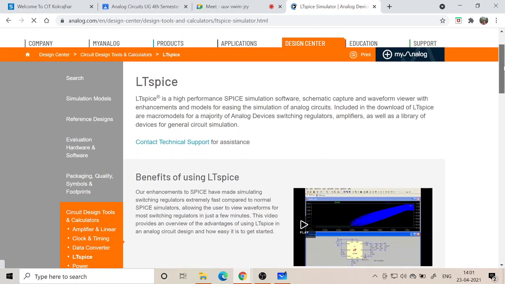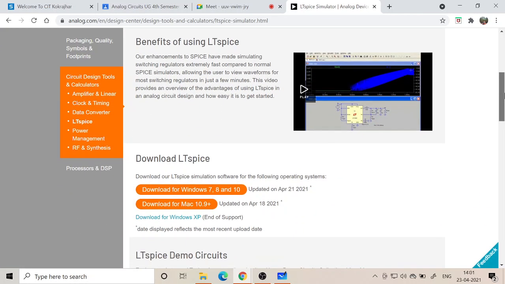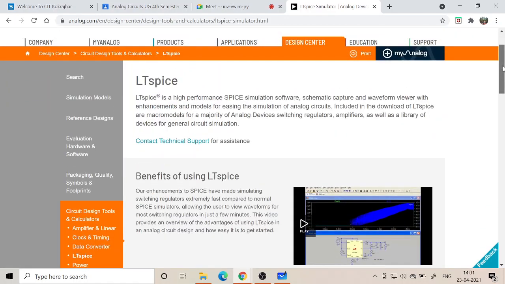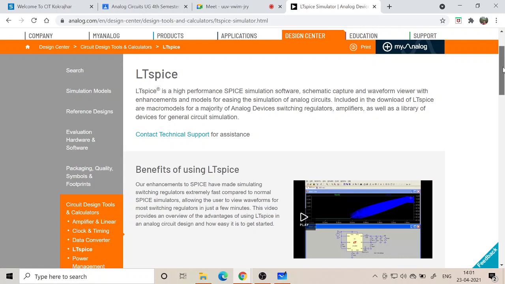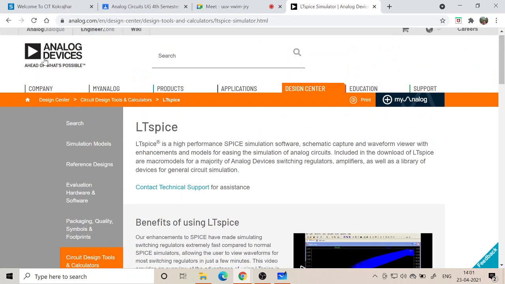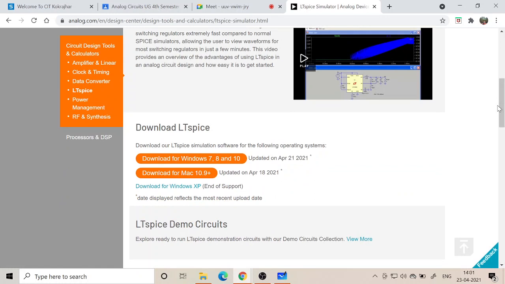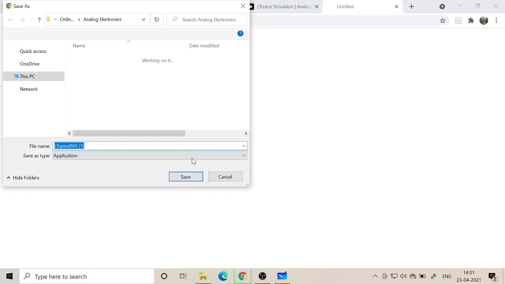So LTSpice is a free software platform that you can use for simulating analog circuits, and it is by a company called Analog Devices, which is a very popular company, and this software is also very popular now. And depending upon your system, whether it is Windows or Mac, you can click on it and download it.